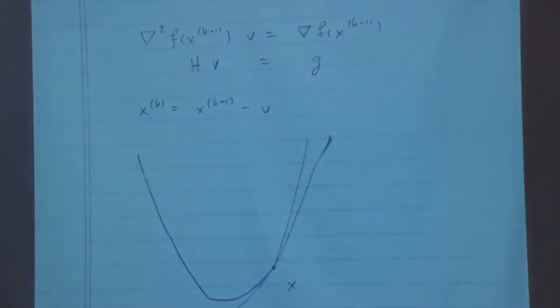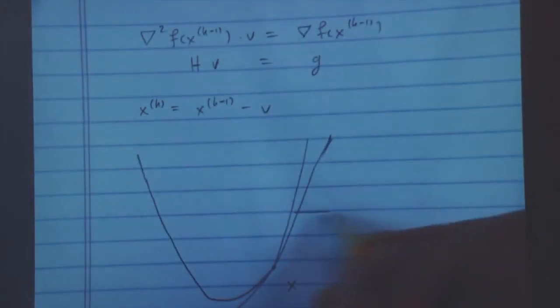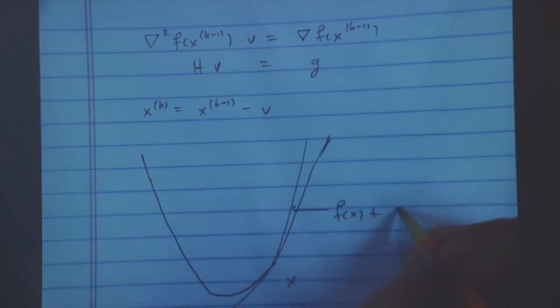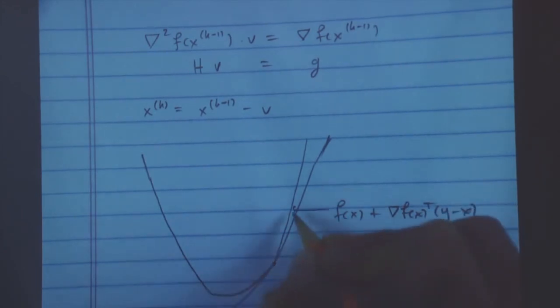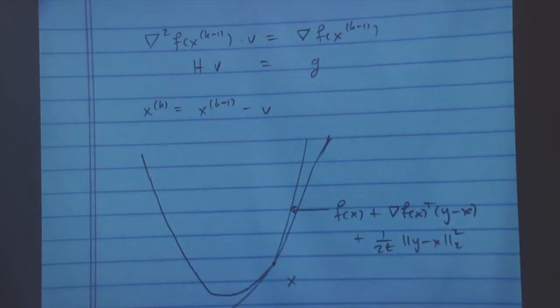In this quadratic approximation, this is f of x as a function of y. This is f of x plus the gradient of f of x transpose times y minus x plus 1 over 2t times the norm of y minus x squared. So that's what this quadratic approximation is.